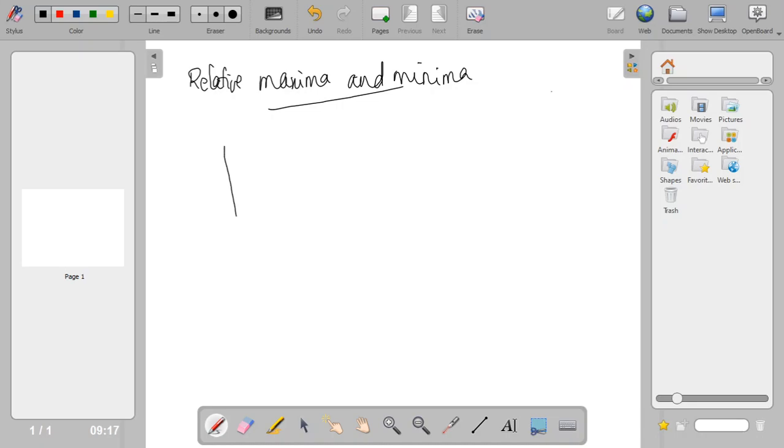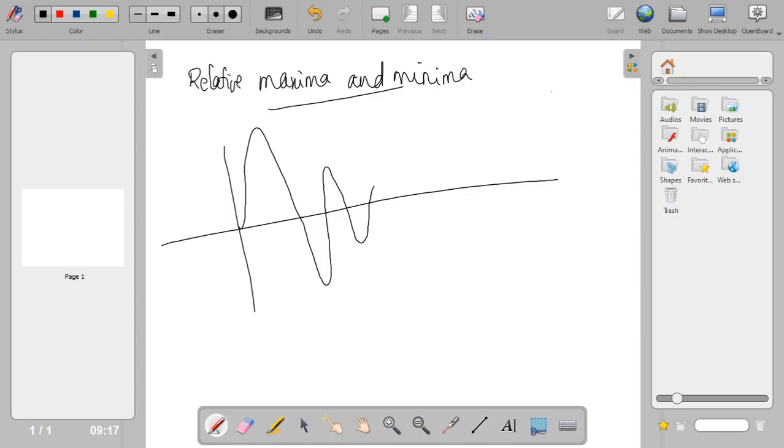So suppose you have a graph like this. Take this to be point A. This graph is not so neat, so kindly bear with that.